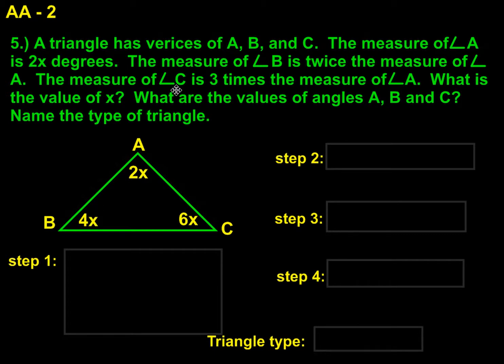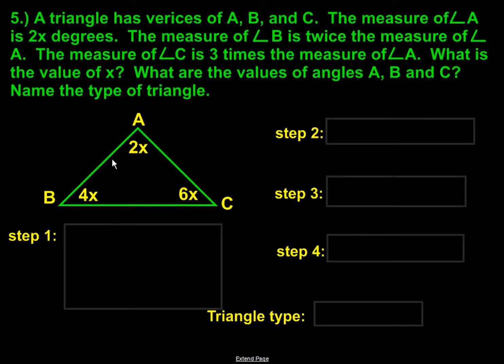The measure of angle C is 3 times the measure of angle A. So 3 times 2 would be 6x. We now need to determine what is the value of x, what are the values of angles A, B, and C, and then name the type of triangle.